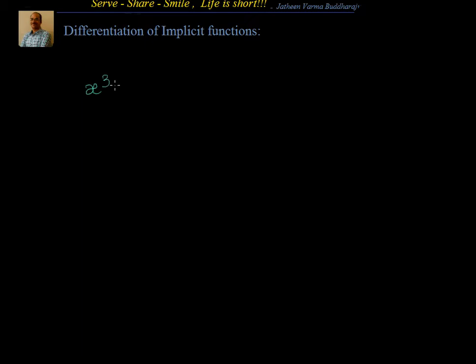We have x cube plus y cube minus 3axy equal to 0. Whenever we want to find the differentiation of implicit functions, we differentiate on both sides. So we differentiate all the terms on the left side and also the right hand side. We know the differentiation of a constant is 0. Step by step, I'll write it down.